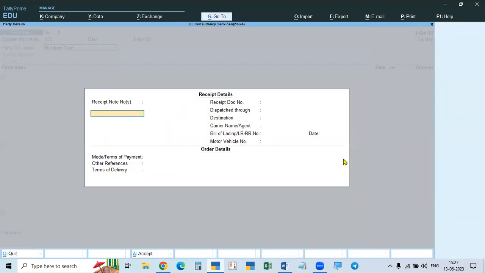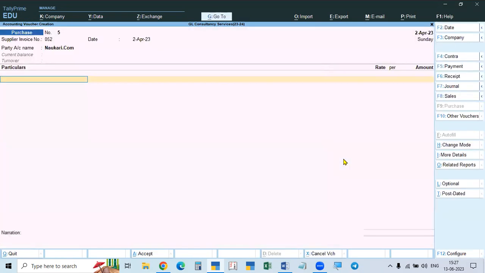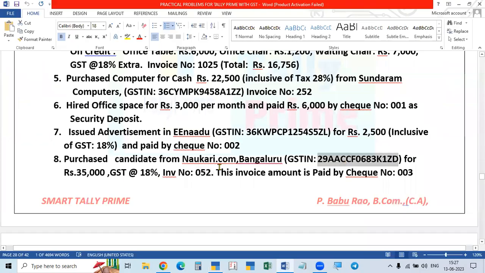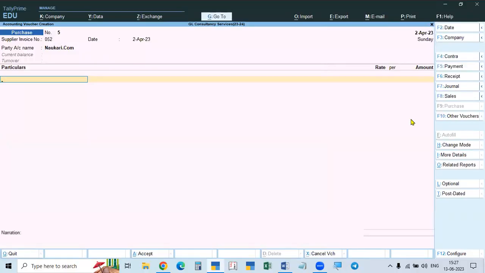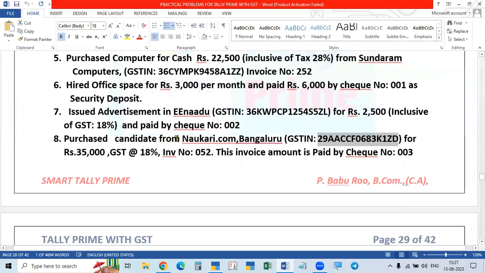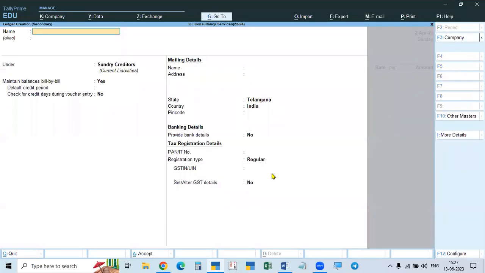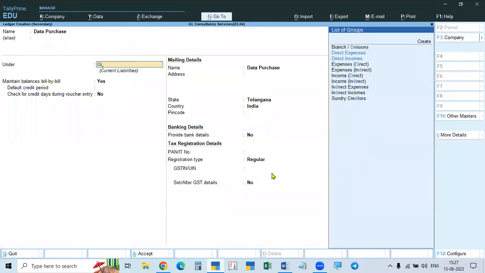So just give the number. And now, see here, this time I am doing it in the other way, not directly cash purchase. And what did you purchase now? You purchased candidates, that means candidates database. It is called data purchase. So data purchase, it is our direct expense.